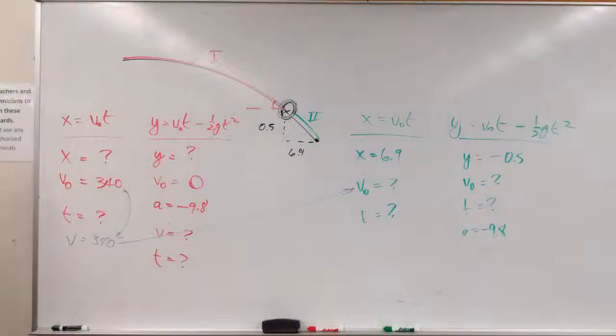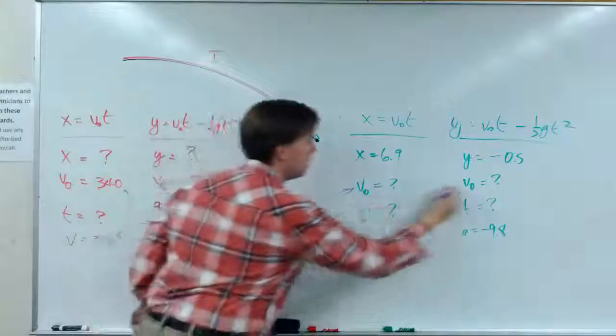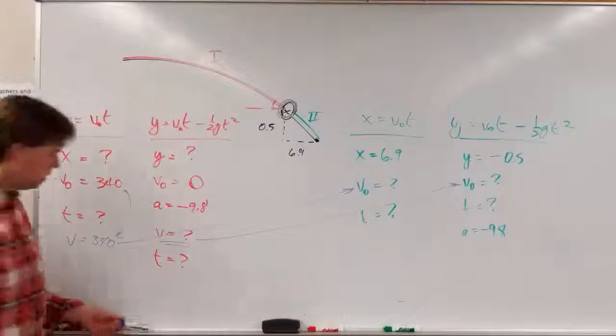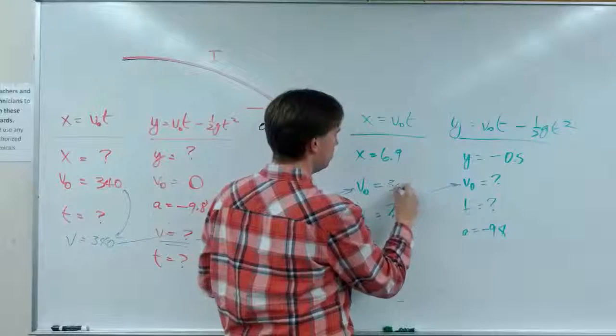It's the same, which is the same as this velocity here, right? And this velocity here is the same as that velocity there. Those blue arrows are kind of the trick, the thing that ties the two pieces together. So you're right, I do know this. This is actually 340.